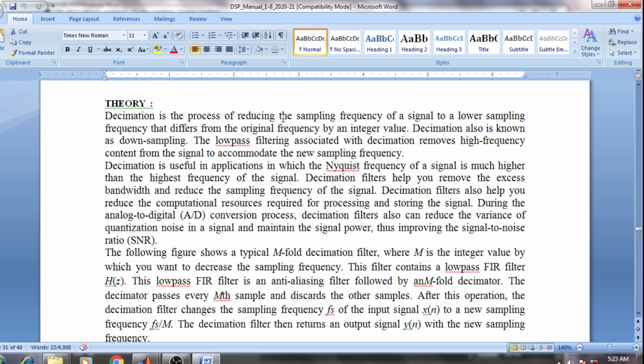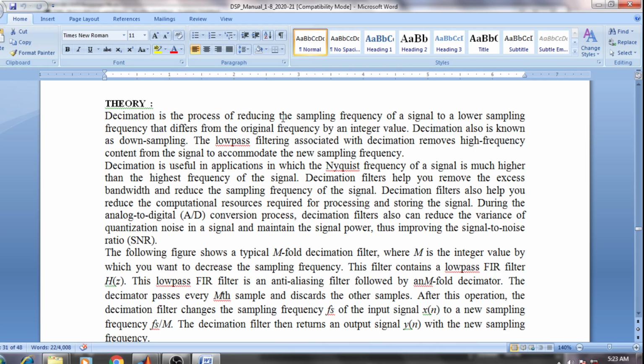Decimation is useful in applications in which the Nyquist frequency of a signal is much higher than the highest frequency of the signal. The decimation filter will help you to remove the excess bandwidth and reduce the sampling frequency of the signal.